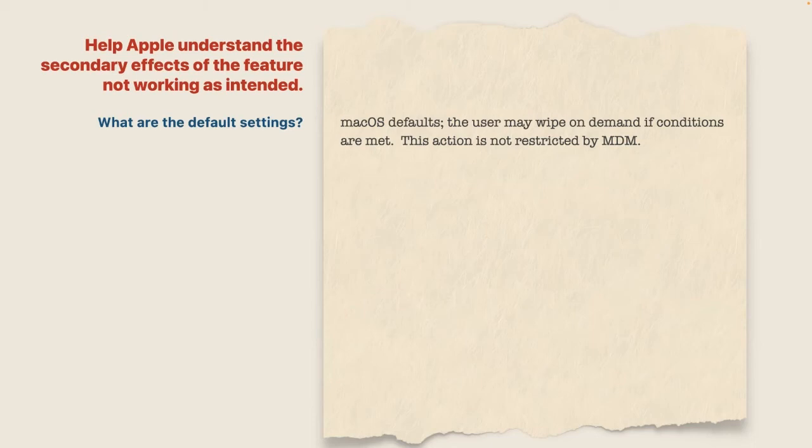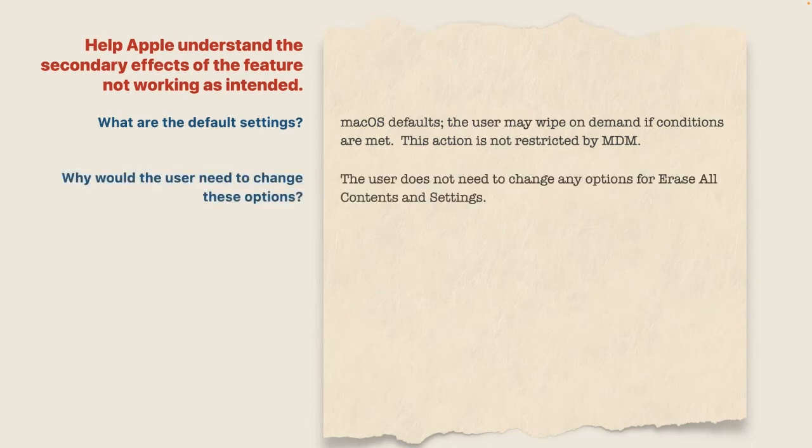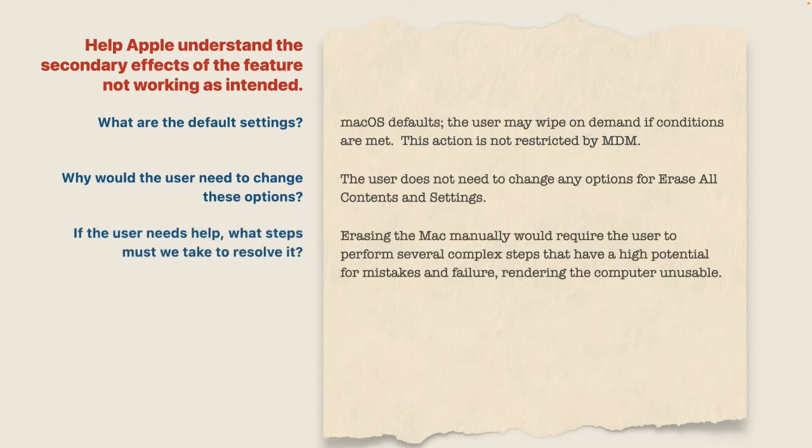What does the user need? Next. Why would the user need to change these options? Does the user not have the ability to make the changes? If the user needs help, what steps do we need to take to resolve it?